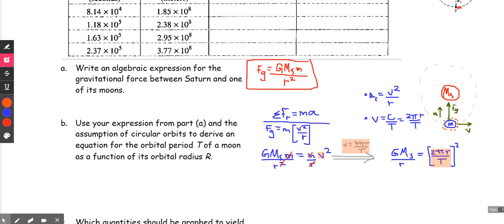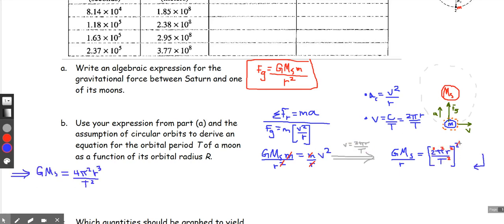Okay, so once again, for this speed of our moon around the planet, we're going to plug in what it means to do an orbit in a period. So we plug that into that spot. That whole thing is going to get squared, and we'll distribute the square through here now.